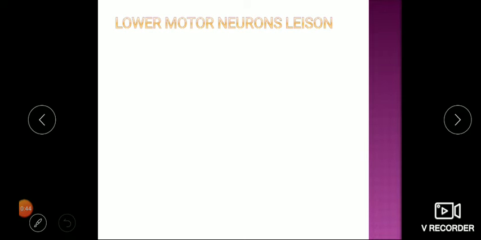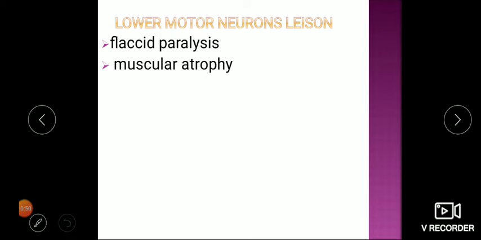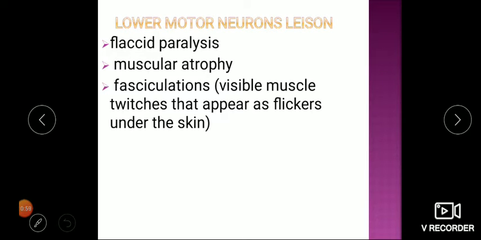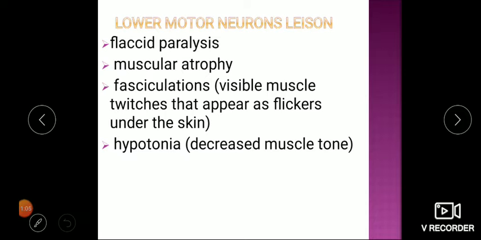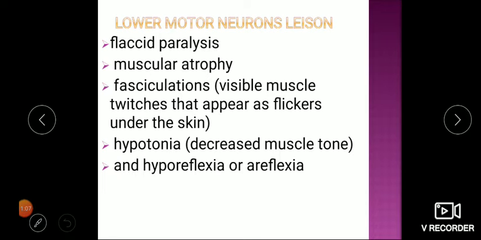So a lower motor neuron lesion leads to flaccid paralysis and muscle atrophy, because these are the neurons which mainly supply the muscle. If they are cut off, nothing above can influence it. There is fasciculation, visible muscle twitches that appear as flickers under the skin, hypotonia, a decrease in muscle tone, and hyporeflexia.